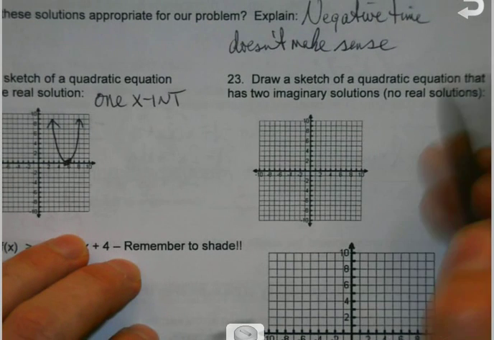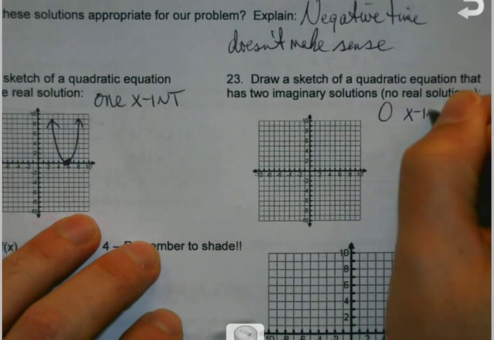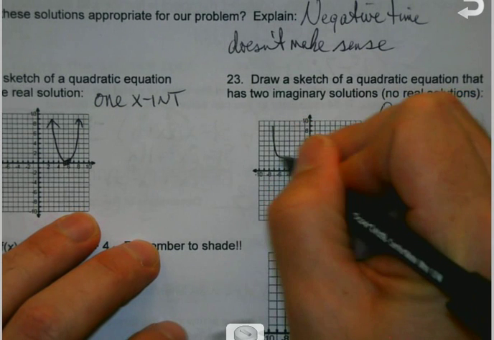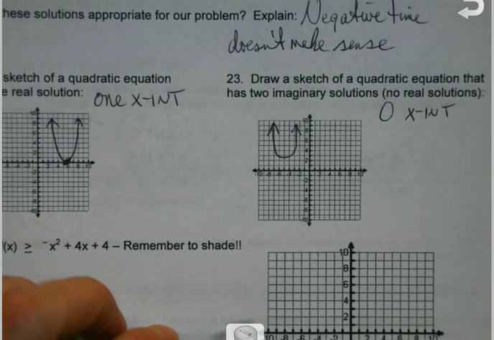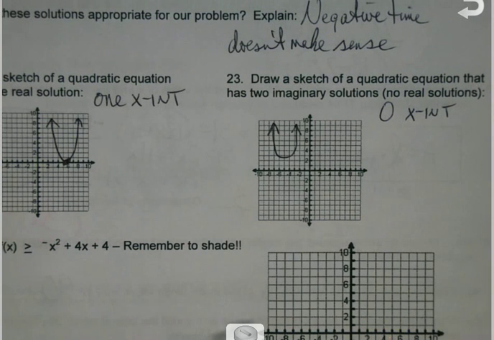If it has no real solutions, means it has 0 x-intercepts, which means it never crosses the x-axis. Okay? However many real solutions tells you how many times it'll have an x-intercept.